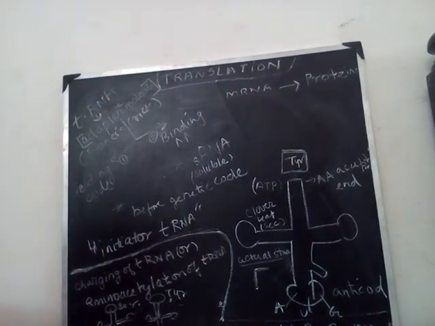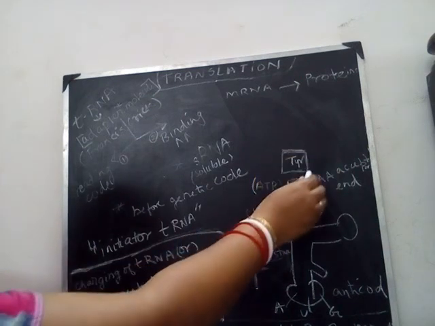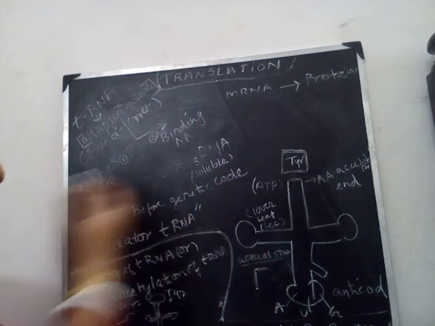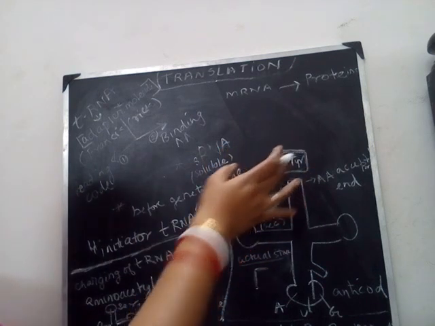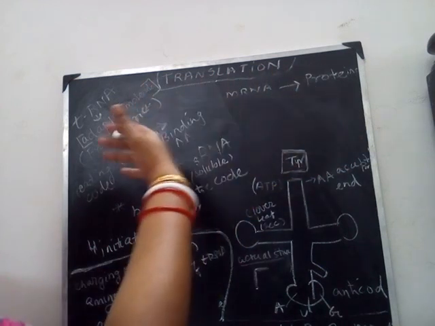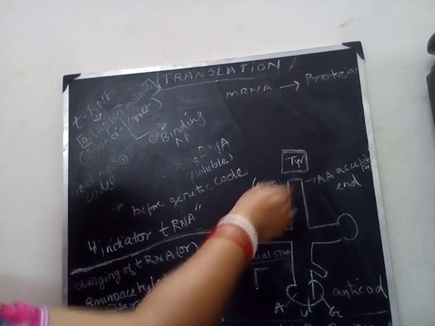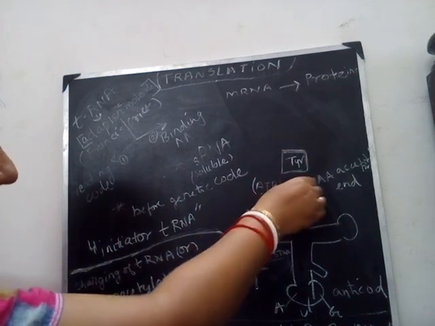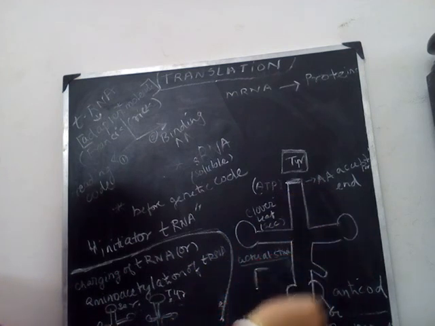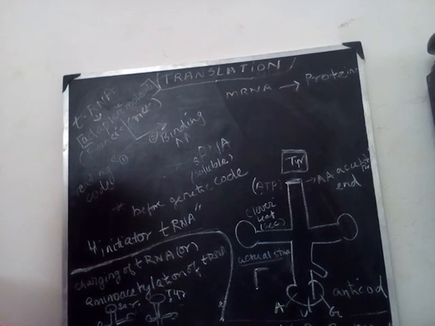Now, how does it happen? When amino acids come in contact with ATP, they get activated, and they will be lying very loosely in the cytosol. When this amino acid comes in contact with ATP, it immediately attaches to the particular transfer RNA which has the anticodon for it, at the acceptor end.